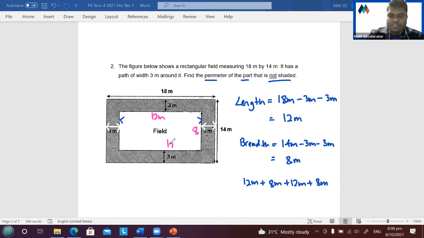This is 8. This is 12. This is 8 meters. So what's the total perimeter? Find out and let me know the answer in the chat. Okay. Yep, you get 40 meters.